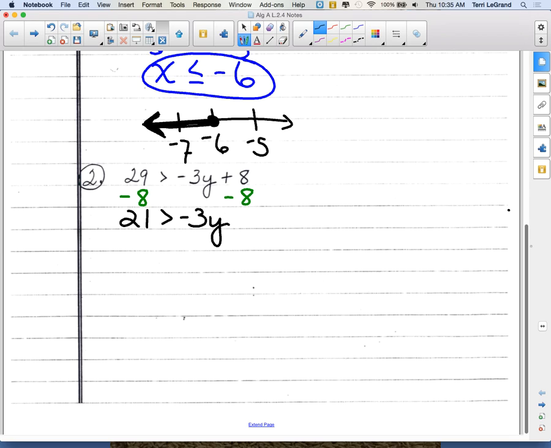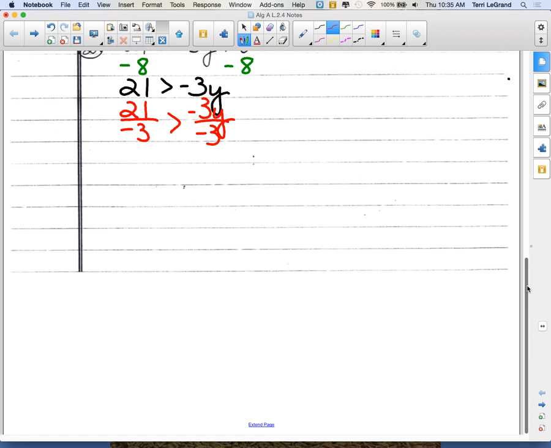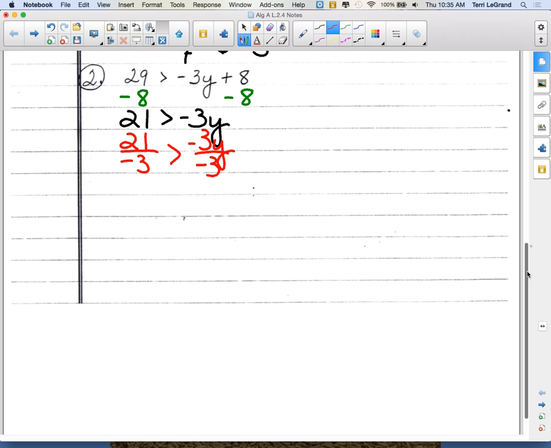Sydney, what would you do next? Divide by negative 3. Okay, so take both of those sides and divide them by negative 3. What happens when we divide by a negative? We need to reverse the sign. And yes, we also have to think about what can we say without having to use our calculator.